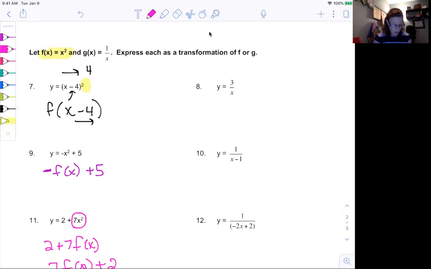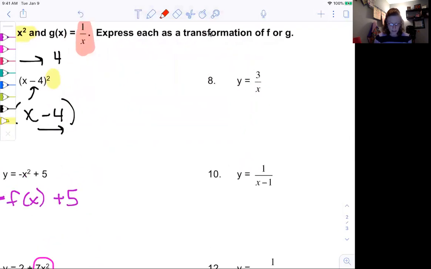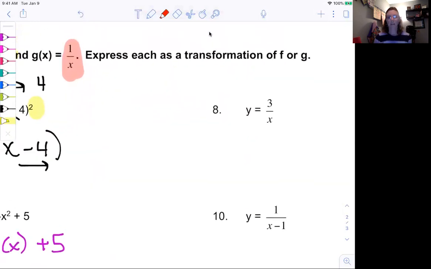So we have a fraction for g of x. And that fraction is 1 over x. So anytime it has a fraction, then that's our g of x function. So I know right here that we have y equals 3 over x. I could really think about that as y equals 3 times 1 over x.